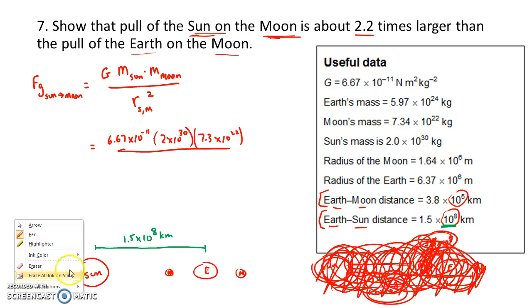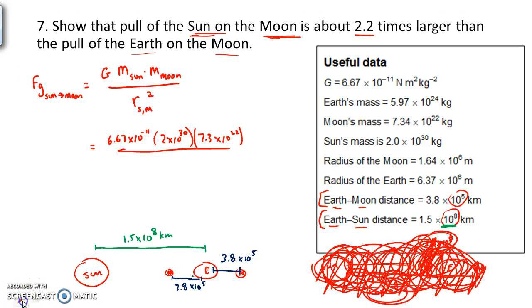The distance from the Earth to the moon is 3.8 times 10 to the power of 5. And this, similarly, that distance, 3.8 times 10 to the power of 5.